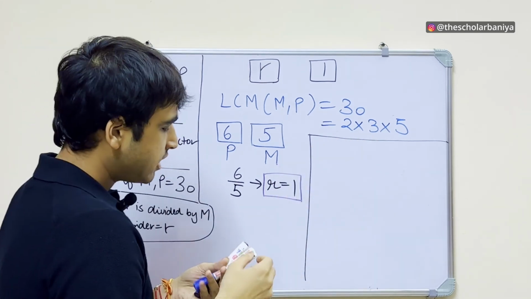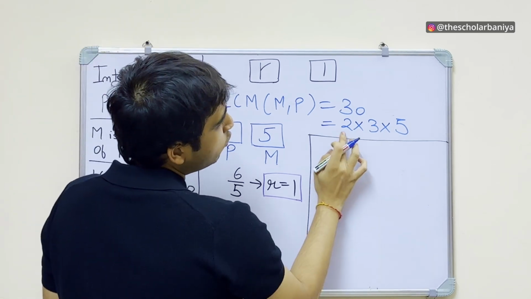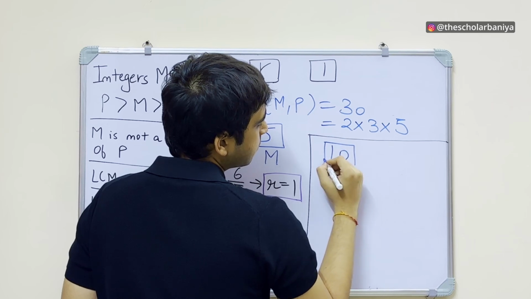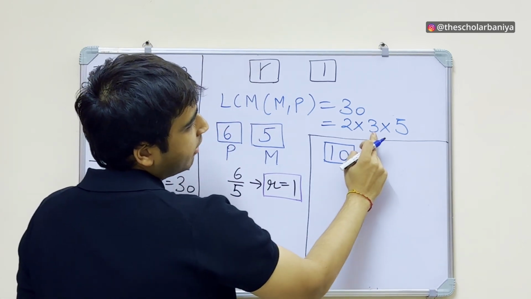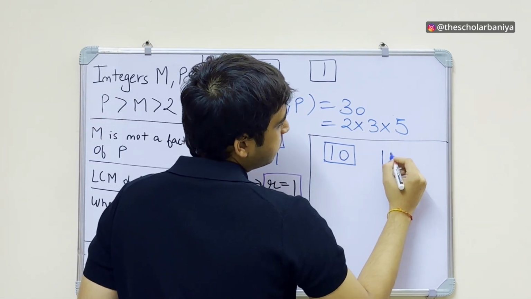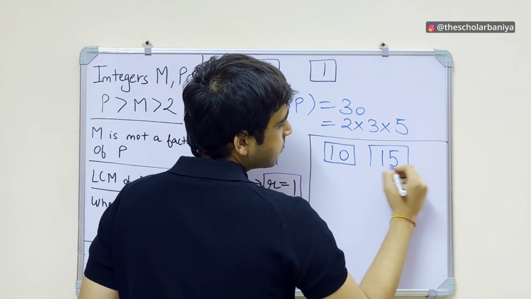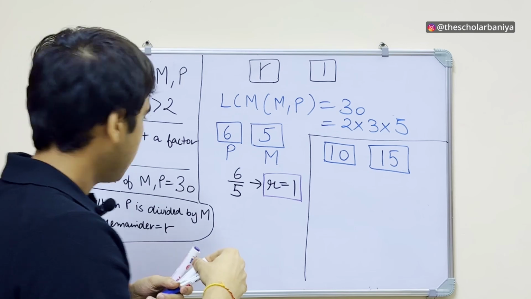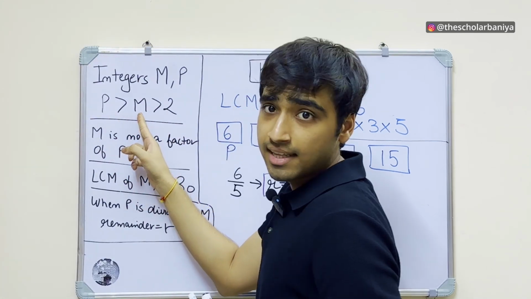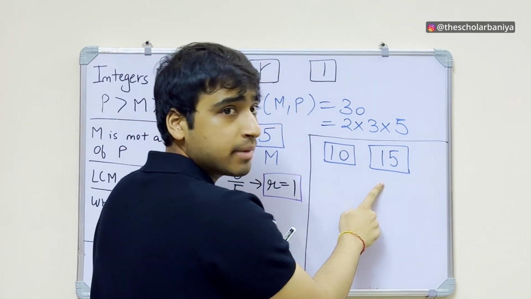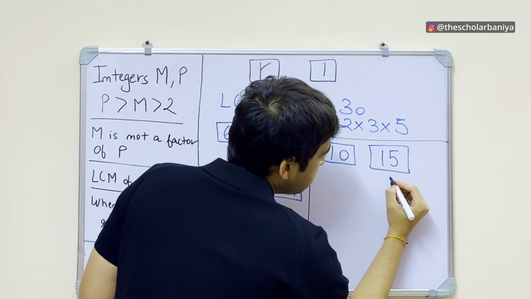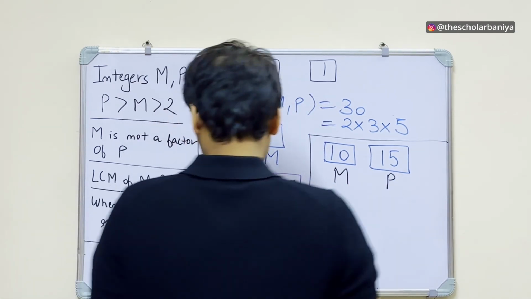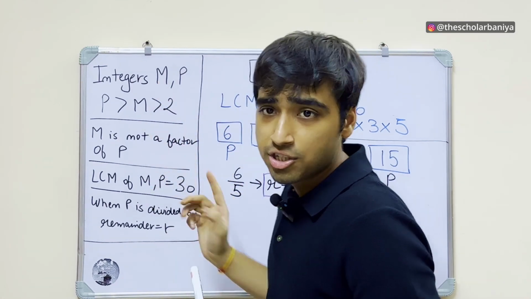Okay. Now let's try to take some other case. For example, now let's try to take 2 5s are 10. So let's take one number to be 10, right? And let's take one number to be 15. 5 3s are 15. Again, because we know that P is greater than M, we take the bigger number to be P. So 15 becomes P and 10 becomes M. Again, let's see if all these conditions are satisfied.